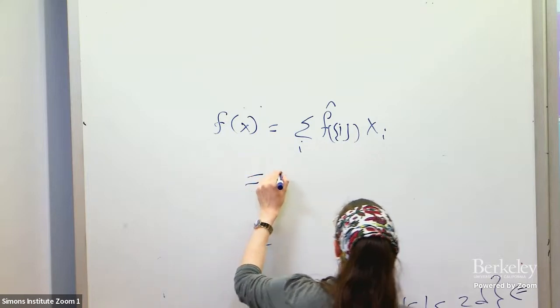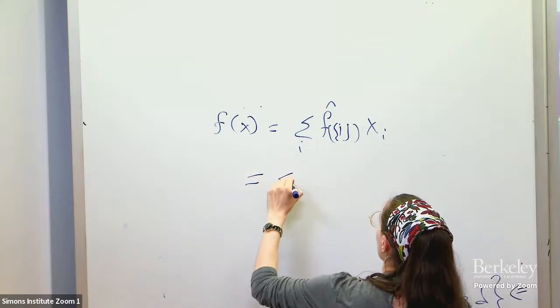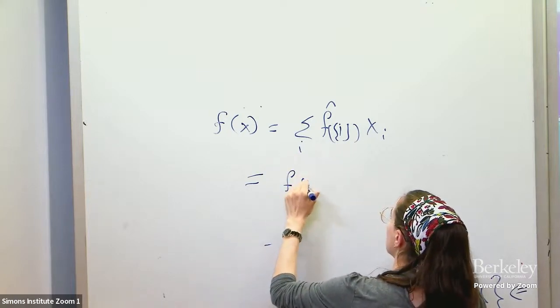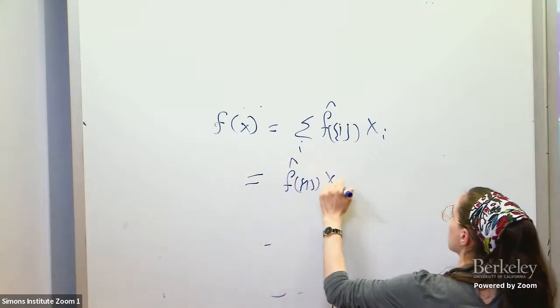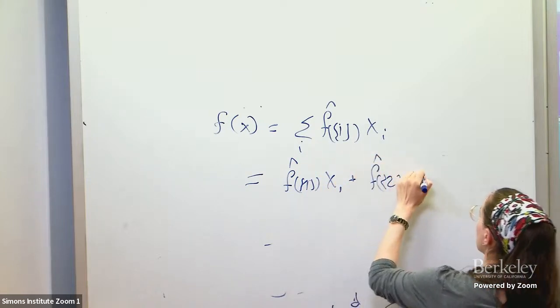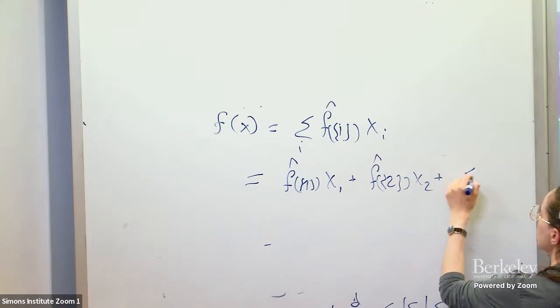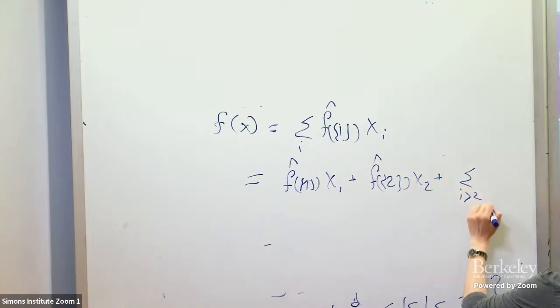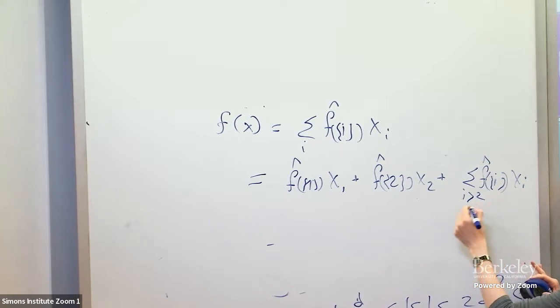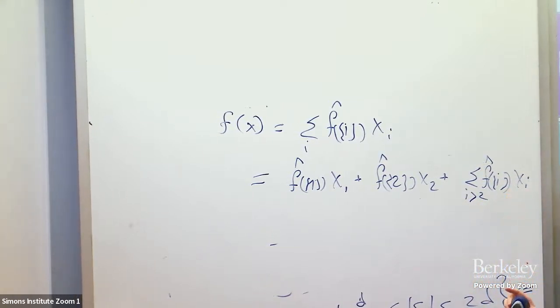So it equals f1 x1 plus f2 x2 plus something, the sum over 3 and so on. Now let's fix, we know how to do restrictions, right? Let's fix all the variables from 3 to n.